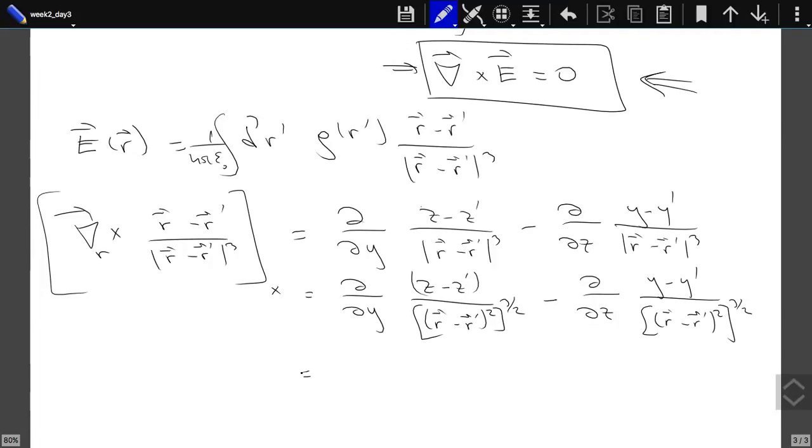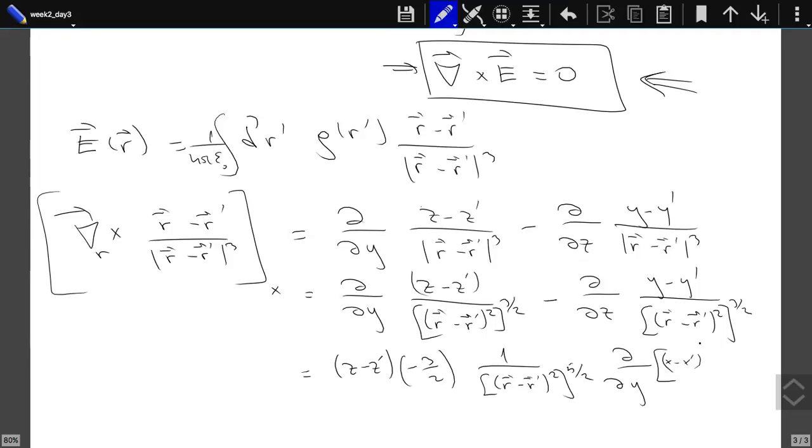This is equal to, I will use the chain rule. Z minus z prime doesn't depend on y, minus 3/2 times 1 over |r minus r prime| squared to the power 5/2 times the derivative with respect to y of, well, |r minus r prime| squared, which is x minus x prime squared plus y minus y prime squared plus z minus z prime squared.